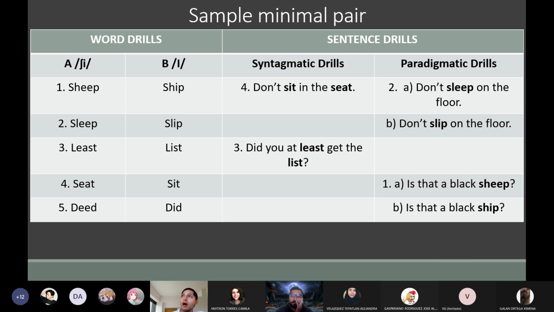And for you to be creative, it's not easy, but you need to be quite creative and look for opportunities to use the same sentence, changing the word and discriminating the meaning as well. To use a syntagmatic drill is also difficult for minimal pairs, to include both words in a single sentence. Well, you need creativity, of course.